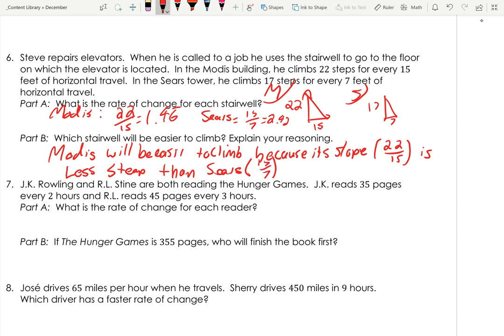And we just proved that by using those decimals. The smaller one is the one that's less steep, so it's going to be easier to climb. The bigger number, which is 2.42, is obviously more steep than 1.46, so the Sears Tower will be much steeper and much more difficult to climb.